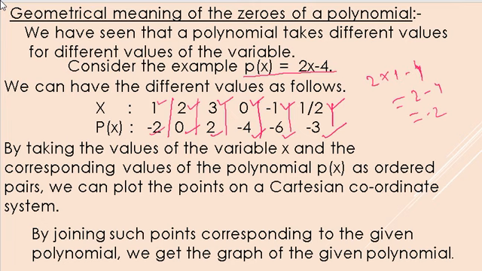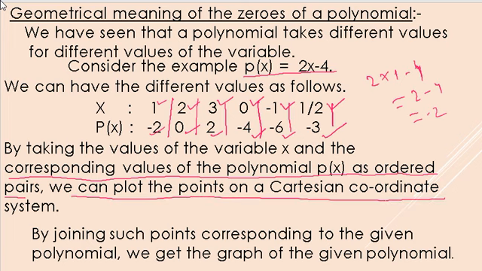By taking the values of the variable x and the corresponding values of the polynomial p(x) as ordered pairs, we can plot the points on a Cartesian coordinate system. You know very well, in class 8, 9 you have learned the Cartesian coordinate system.